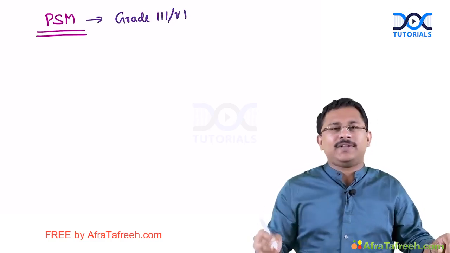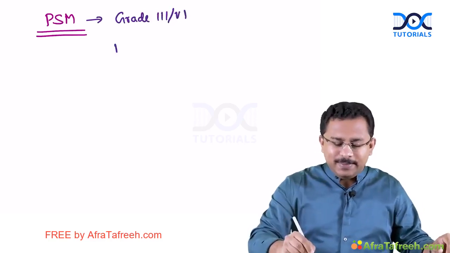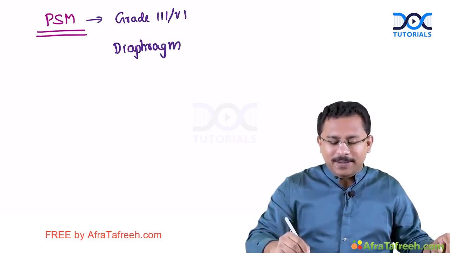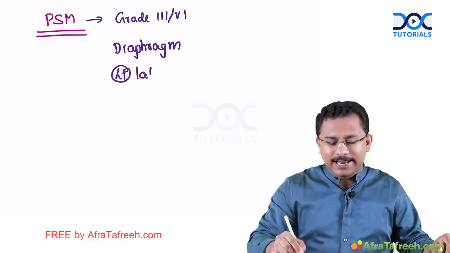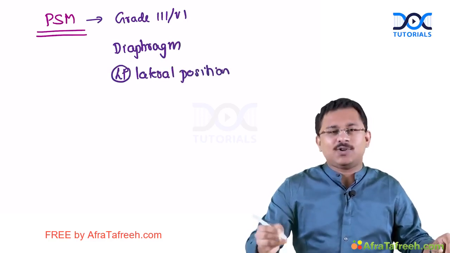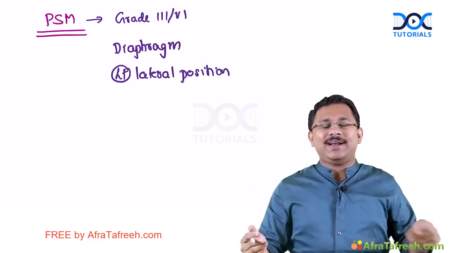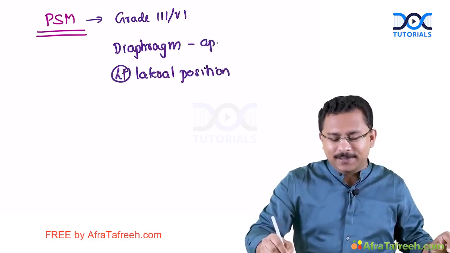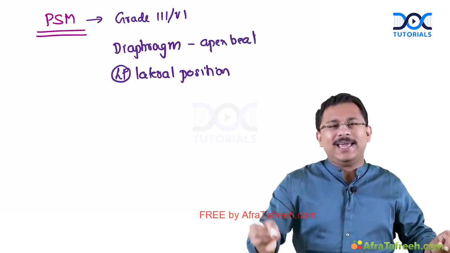And always remember, this murmur is best heard with the diaphragm of the stethoscope, with the patient in the left lateral position and the diaphragm placed over the apex beat.